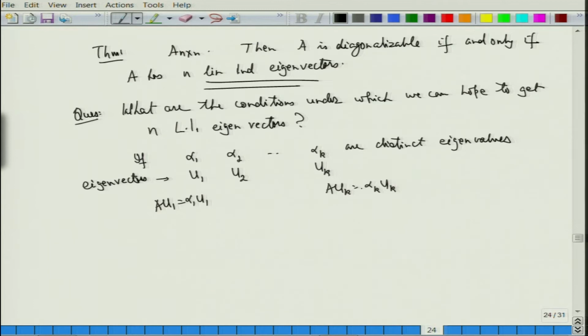These are eigenvectors, the alphas are distinct. Can I say that this will imply that the set u1, u2, uk is linearly independent?